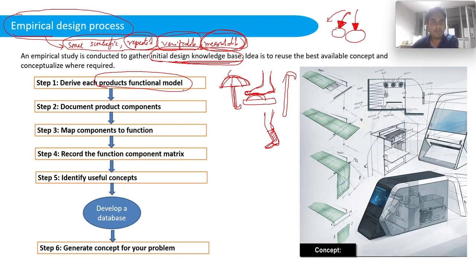So what you do here is take each of these concepts, turn them into products, and try to identify the functional model of those, and document their components. For example, if you consider a sandal, then you try to see what the components are and why this particular sandal does not slip on a wet road.